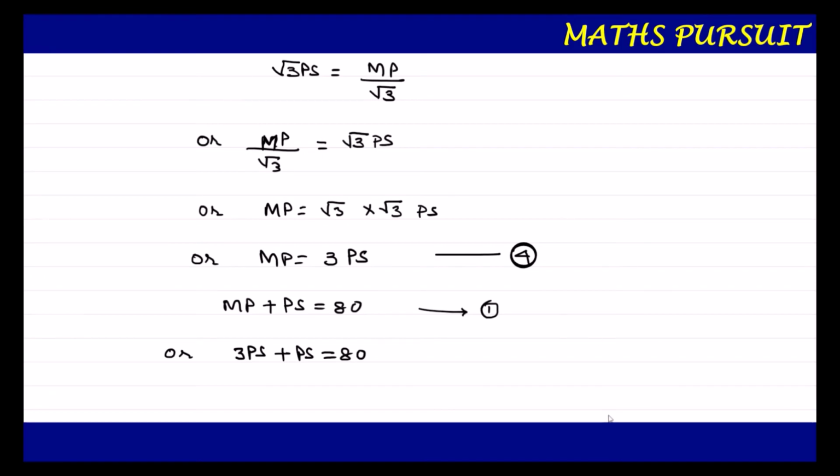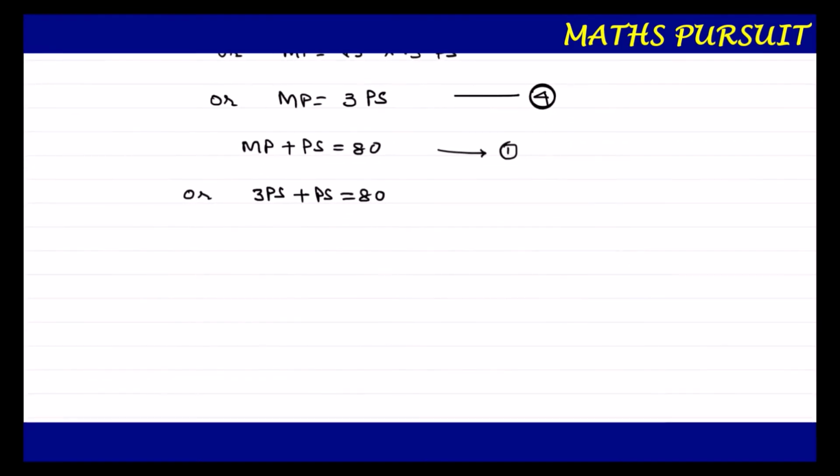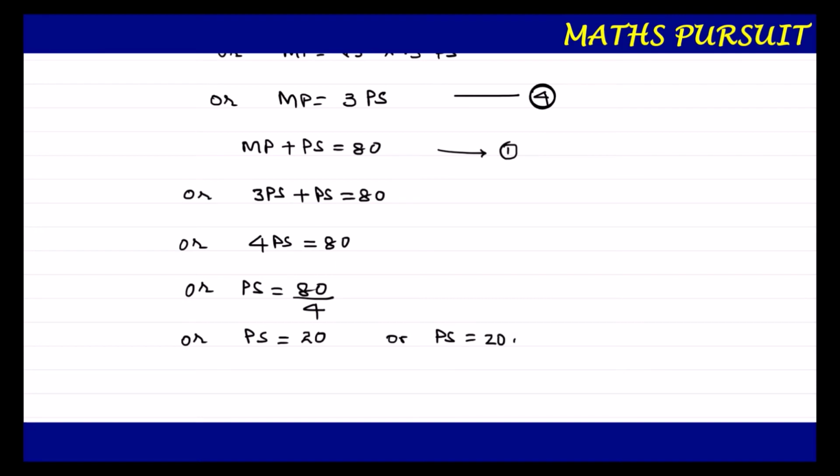I believe till here we are very clear. Or I can write 4 PS, because 3 PS plus PS is equal to 4 PS. So 4 PS is equal to 80, or PS is equal to 80 upon 4, which is 20. So we got PS is equal to 20 meter.